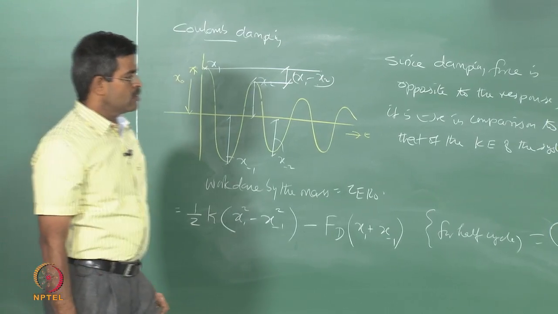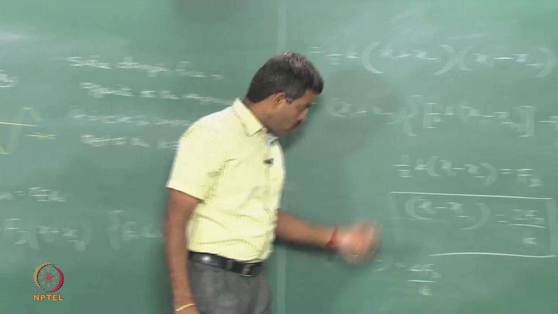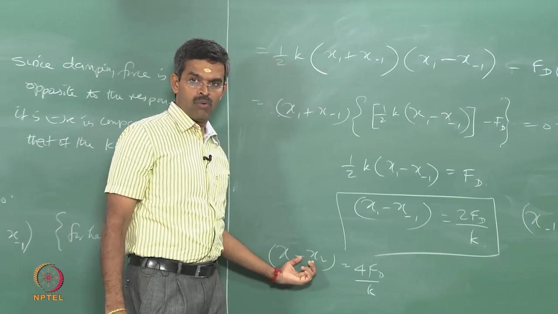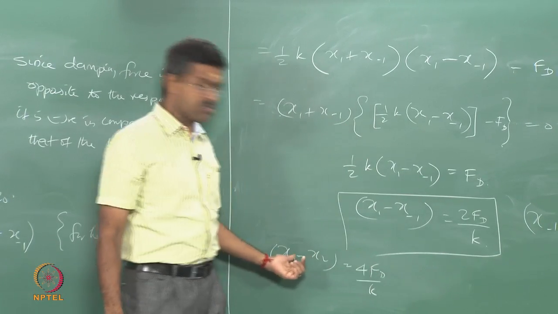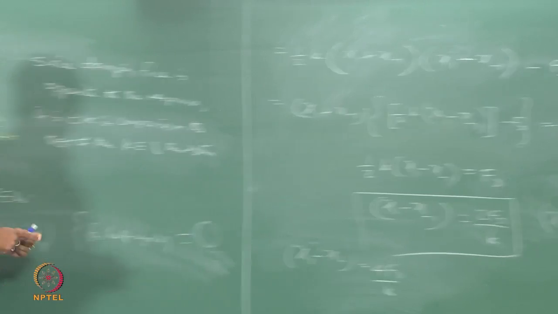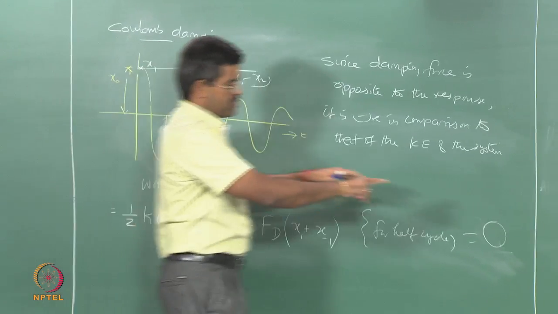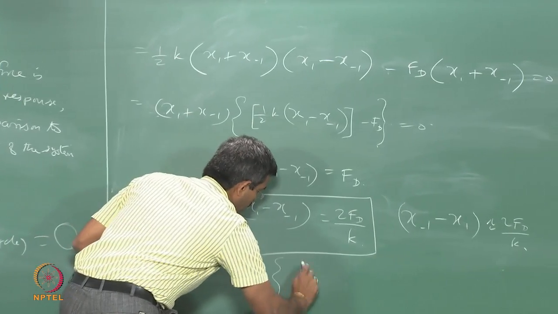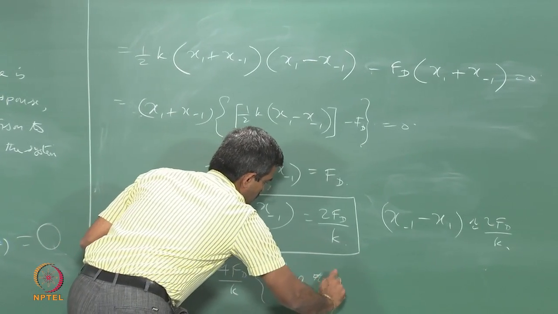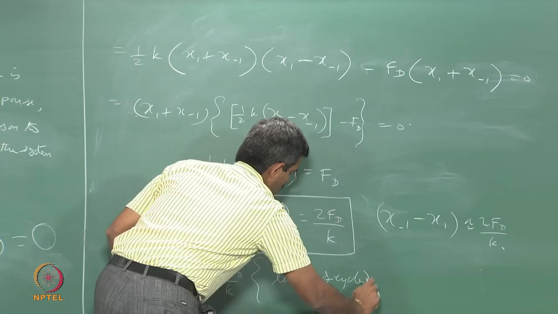Okay. So therefore, if you really wanted this to be set to 0, you must go through that many number of cycles to become 0, because the decay between the successive cycles is fixed as a linear function. So this will take a long number of cycles to decay.